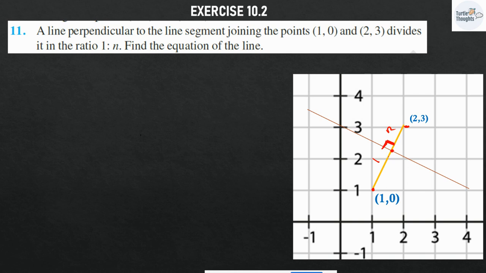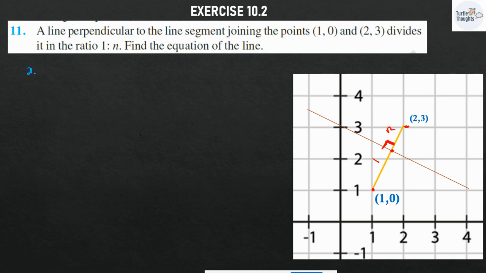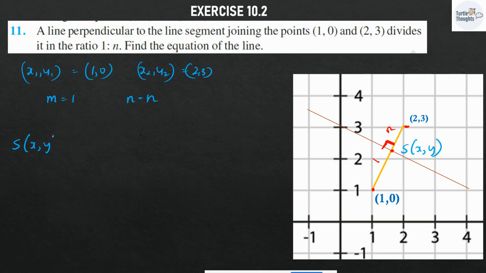Okay, can I do that? Yes, sir. So first I will be taking x1, y1 as (1, 0) and x2, y2 as (2, 3). So the ratio is given as m equal to 1, and n is taken as n only. So let this point be S equal to (x, y).